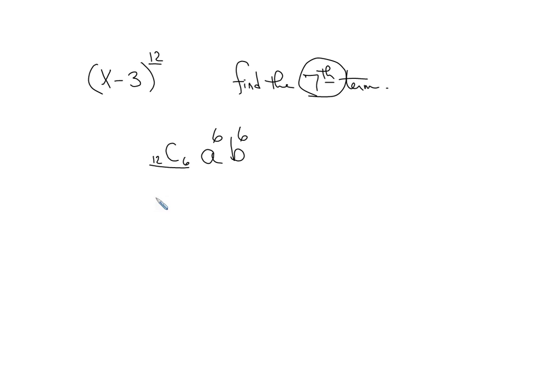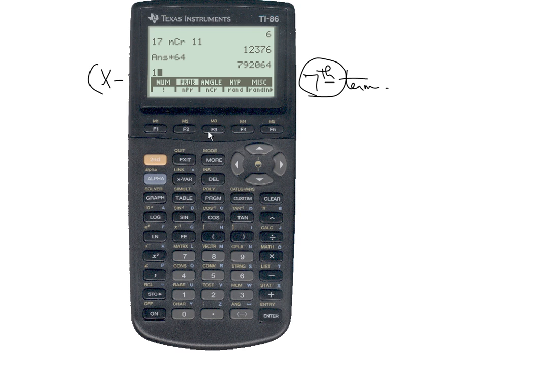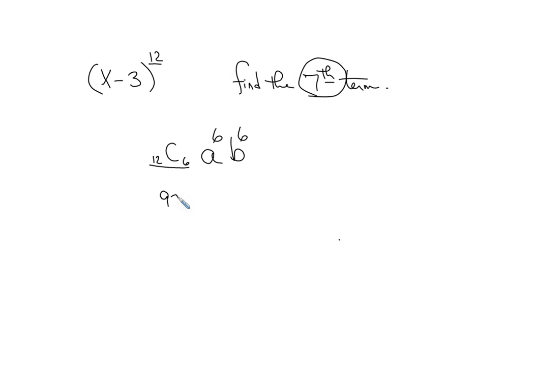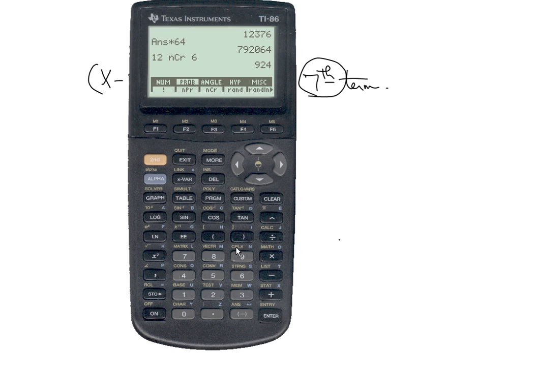Now, can we do this? Sure. This is 12 choose 6. That's our calculator. 924, times our a to the 6th power times our b to the 6th power. What's our a here? x. What's our b? So now I have to do negative 3 to the 6th.